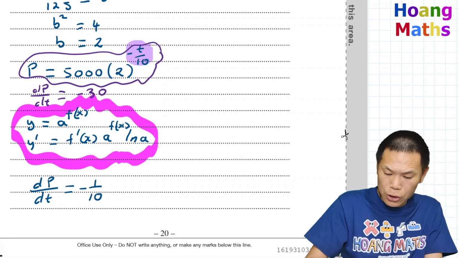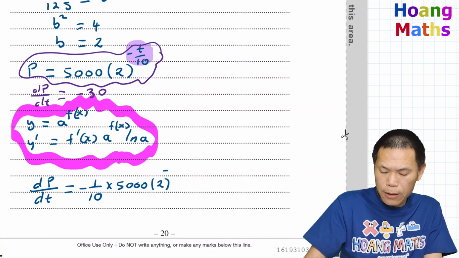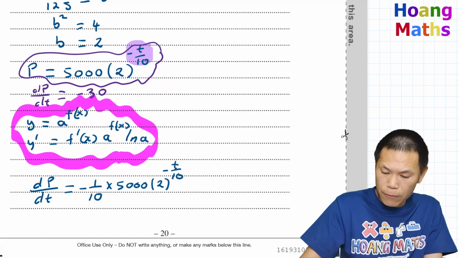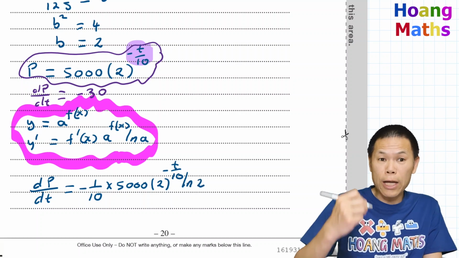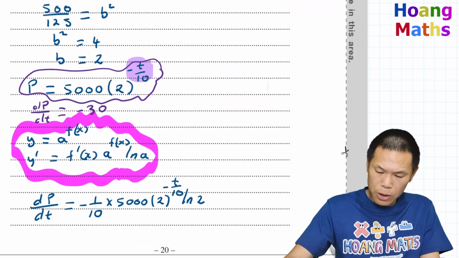And we times the function. So that is 5,000 and 2 to the power of negative T over 10. And then we times by ln of a. A is 2. So now there you go. Now I just simplify this. So let me just write this on here.